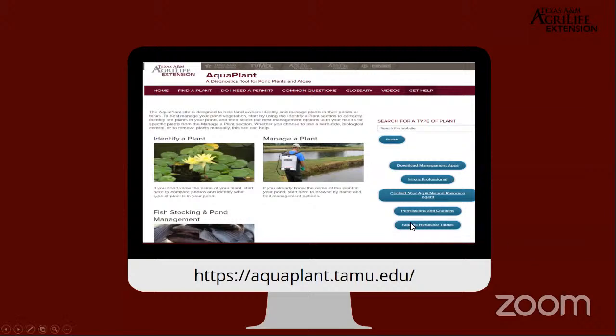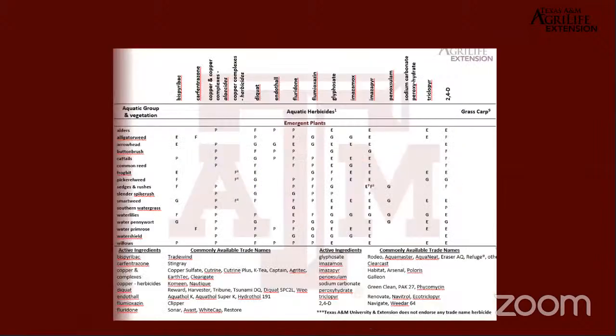If you look on the right-hand side, right at the bottom, you'll see aquatic herbicide tables. And this is just a screenshot of one of the pages in this table. It's a 3-page document, and this is something that I highly suggest people print out, especially if they're in the field and they're not able to get any internet access.